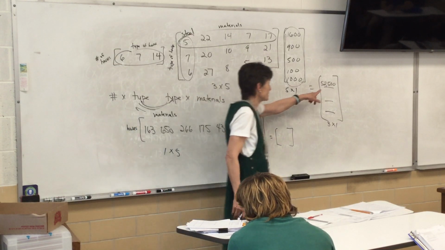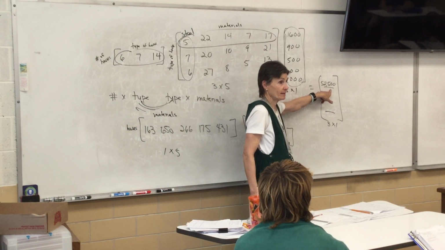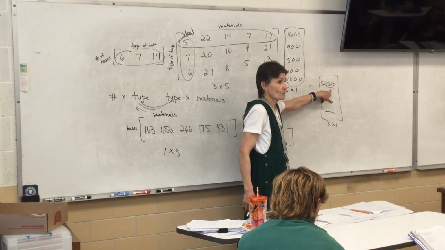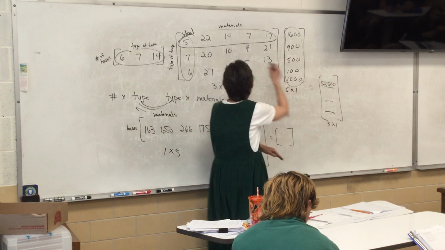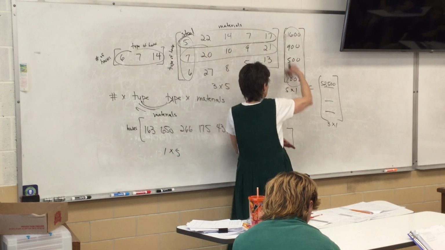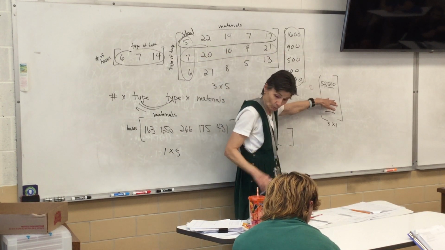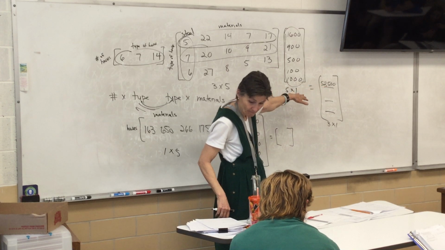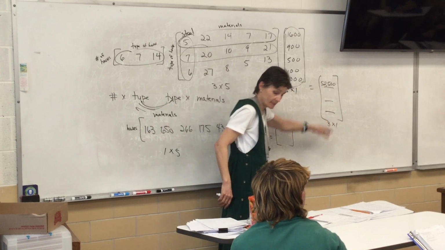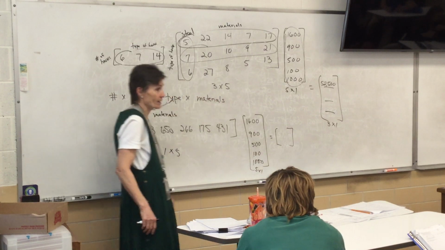Everybody understand this number, first of all, is it right? Anybody else get it? Okay, so we understand what that represents. And then this number, when you took this row times this column, that number would represent the cost to build a Cape Cod. And then this would be the last kind of colonial style.